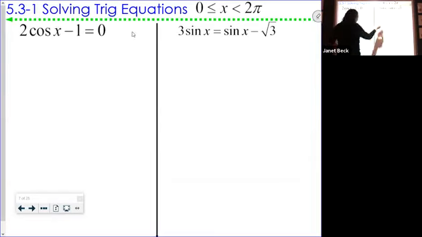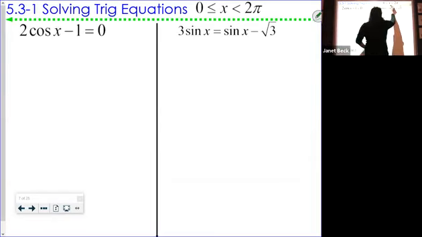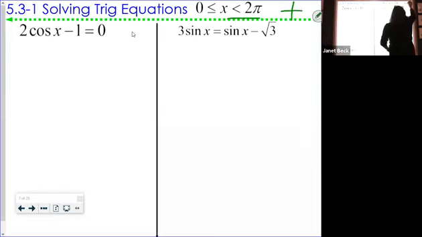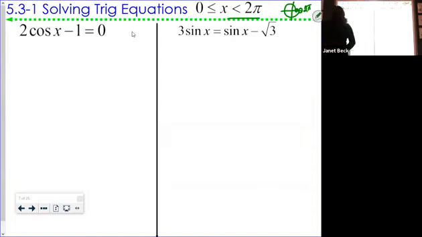I can start at 0, and an answer can be the angle 0, and it can be any angle up to, but not including 2 pi.